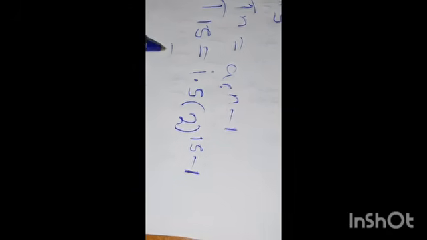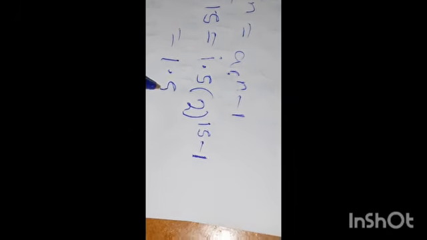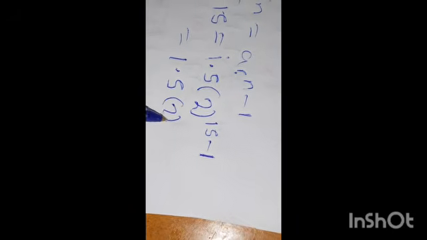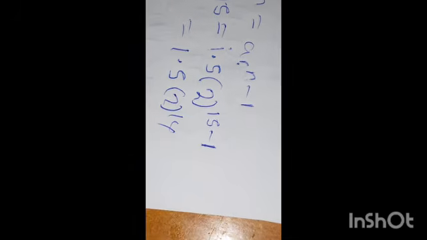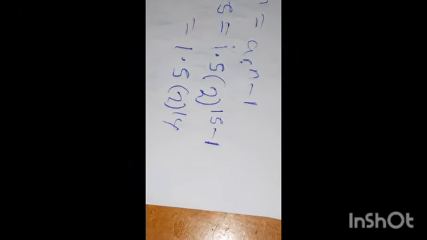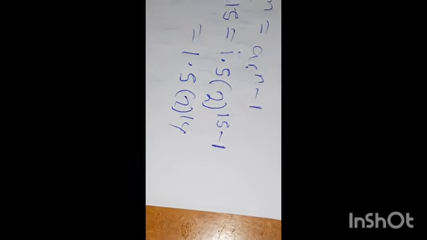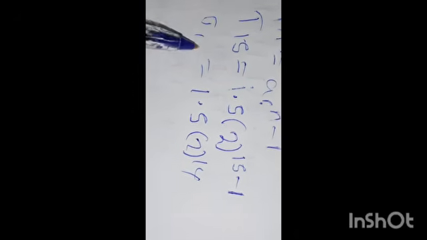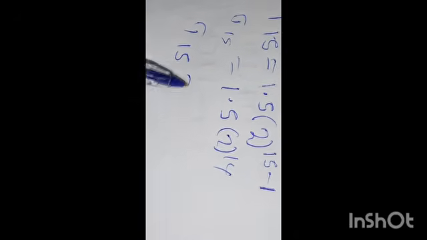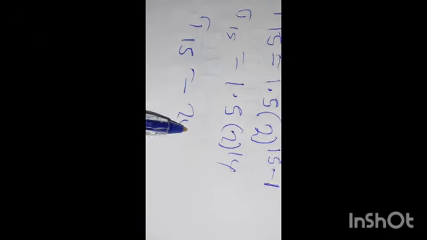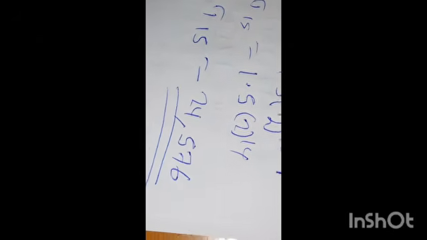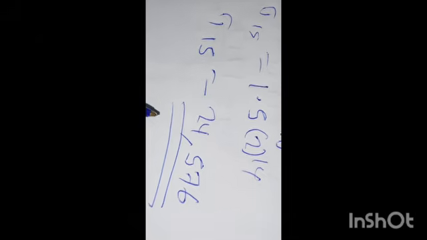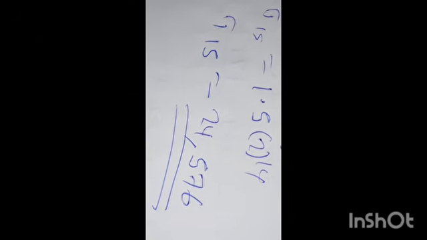So it should be 1.5 times 2 to the power 15 minus 1, which gives 14. So we say 2 to the power 14 times 1.5. So our T15 is equal to 24,576. So this is our 15th term, which is 24,576.